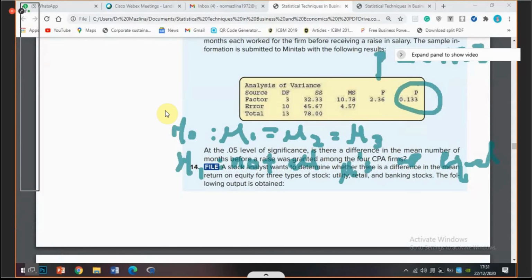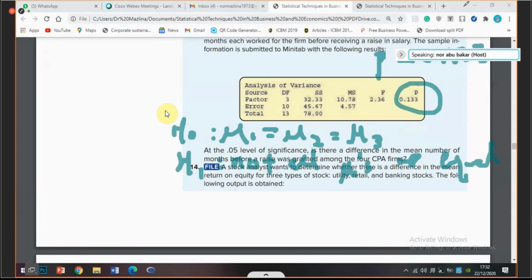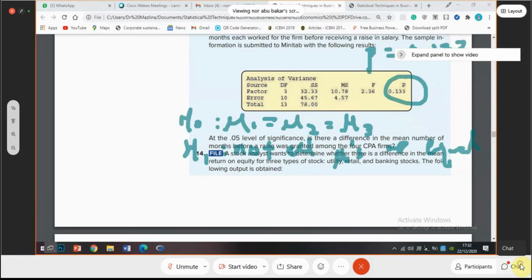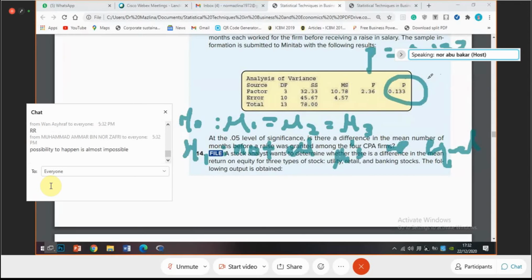RR. Oh, RR. What does RR mean? Rejection region, yes. Okay, it means that the probability of H naught being true. See this H naught?